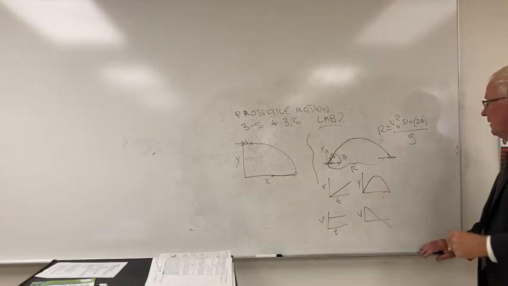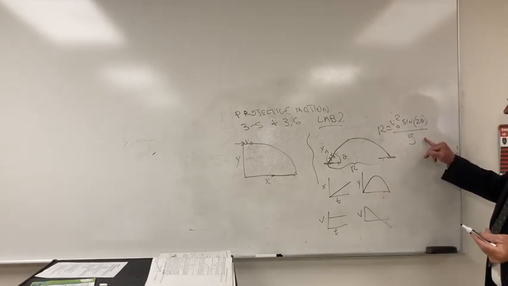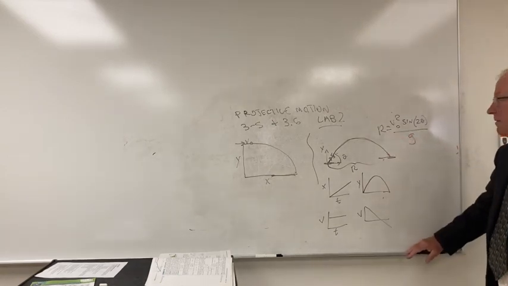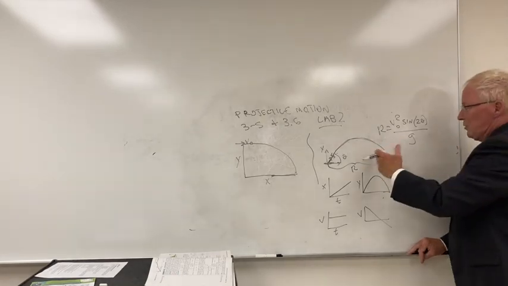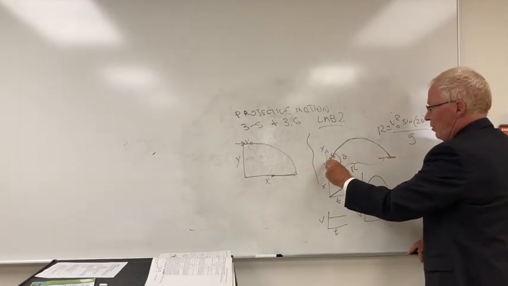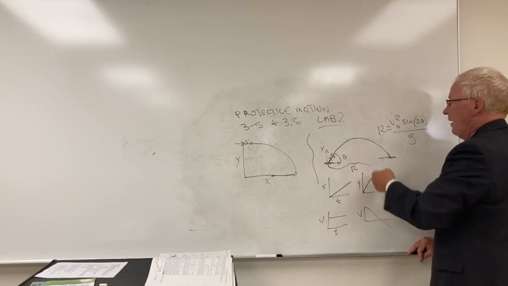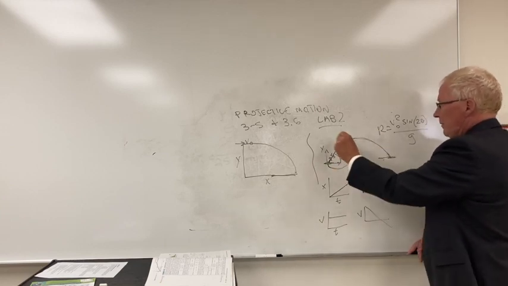Here g is gravity, so it's that number. Range is the distance that it travels horizontally. It launches and lands at the same height, so this follows a parabola.